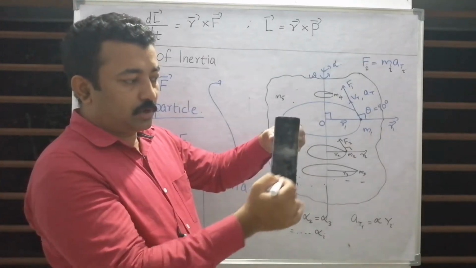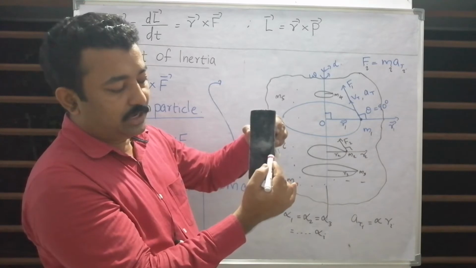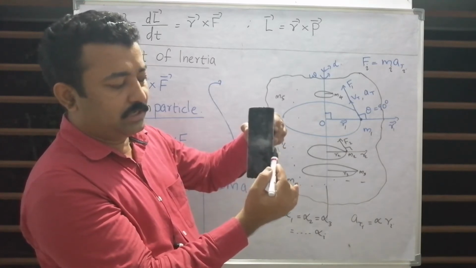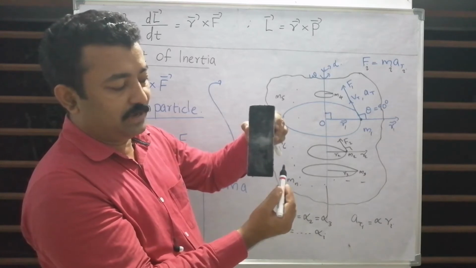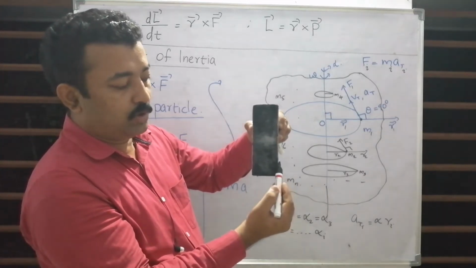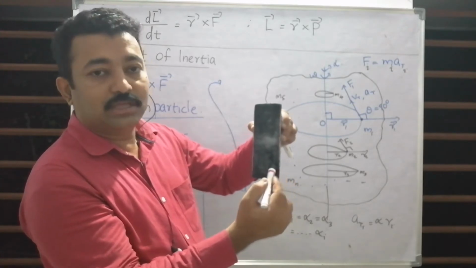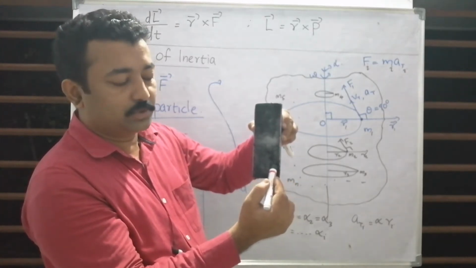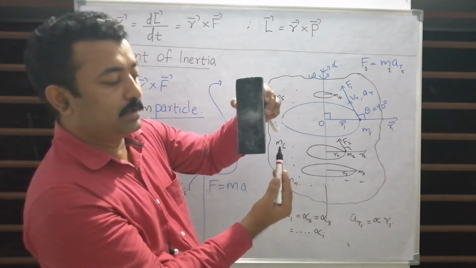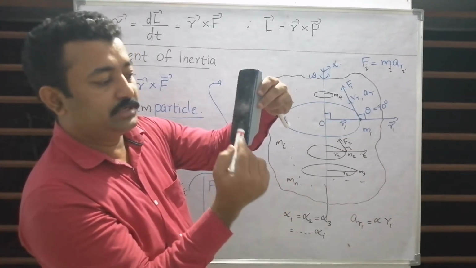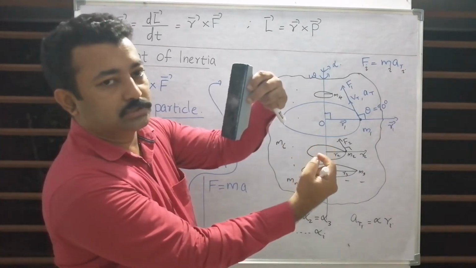If this is a rigid body and one point is rotating with 3 radian per second squared while another is rotating with 5 radian per second squared, after some time the 5 will be distorted and may be somewhere over here while 3 is here. That means the shape of the object will be lost.